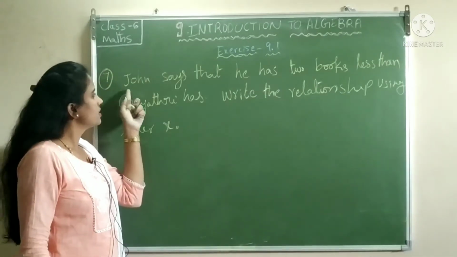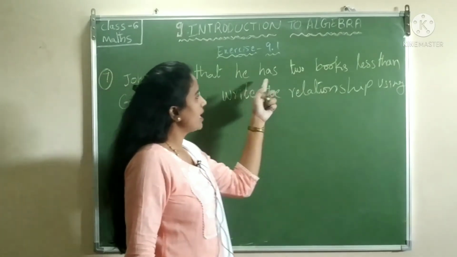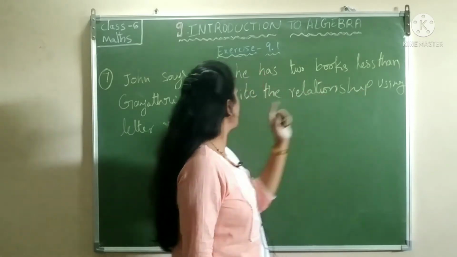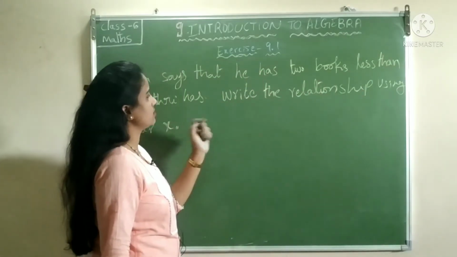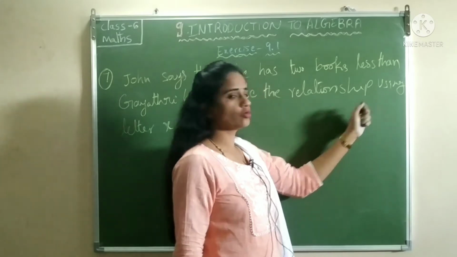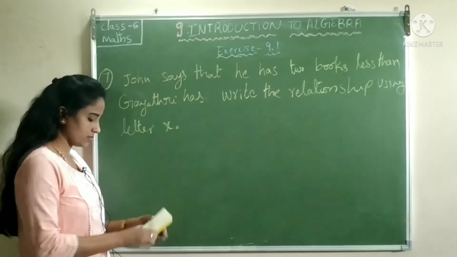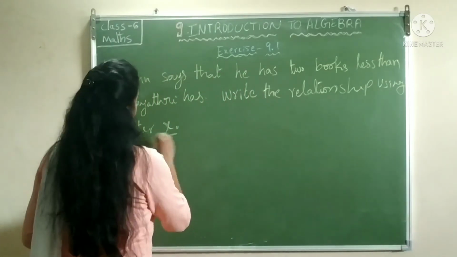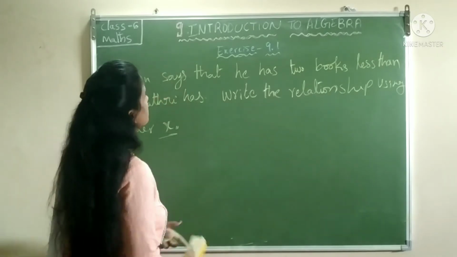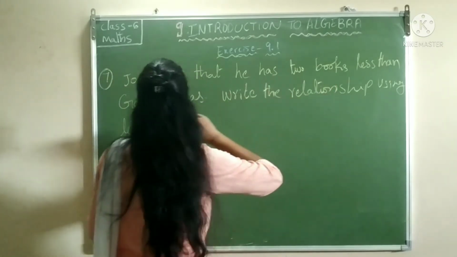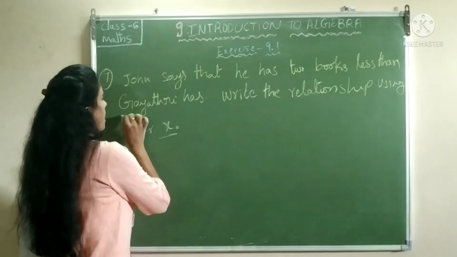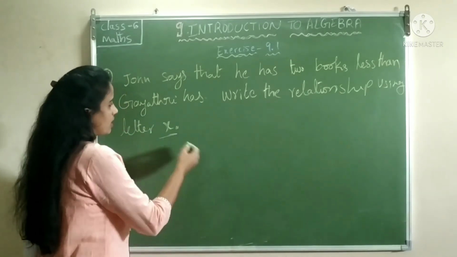Seventh question. John says that he has 2 books less than Gayatri has. Write the relationship using letter X. See, John says that he has 2 books less than Gayatri has. How many books Gayatri has, we don't know.